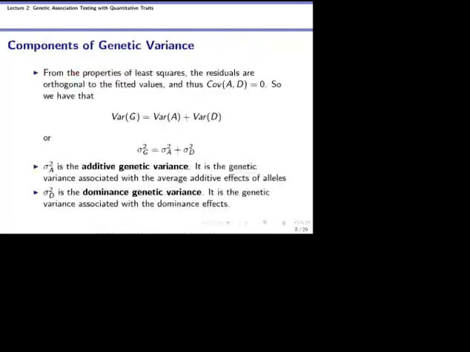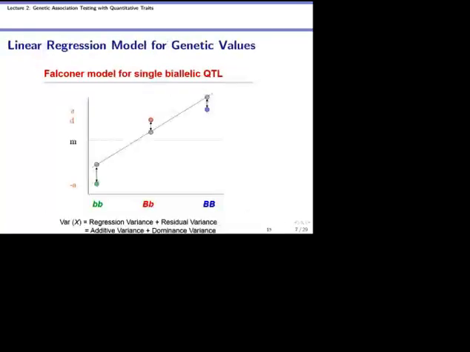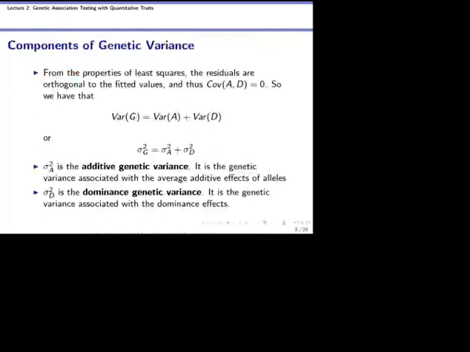It turns out from the properties of least squares, if you do a linear regression model, that the covariance of your predicted values and your residuals is 0. They're independent. So the covariance between your additive and dominance is equal to 0.